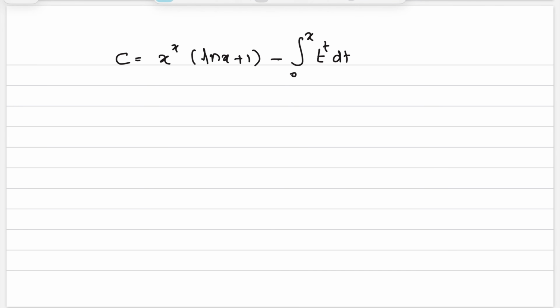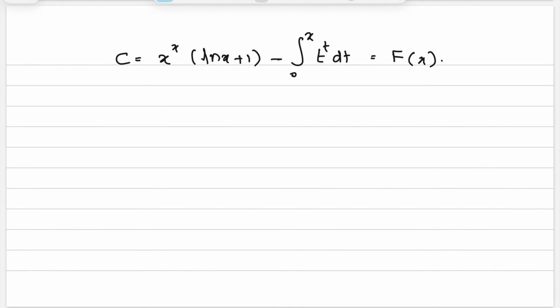It looks like a function of x, some h(x), let us call it a function of x, or we can even call it f(x).